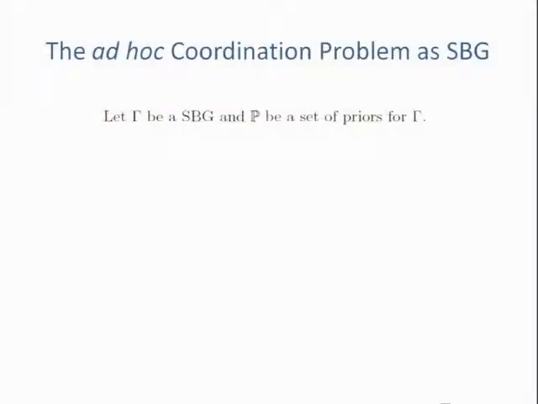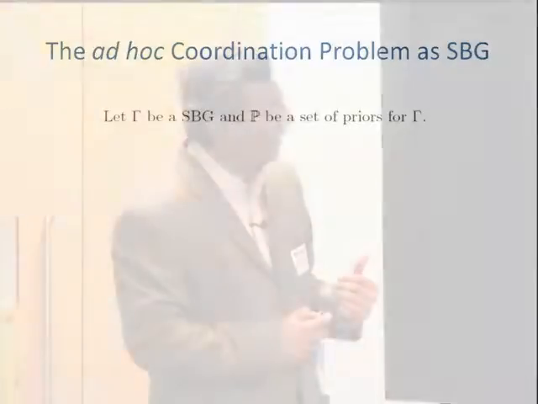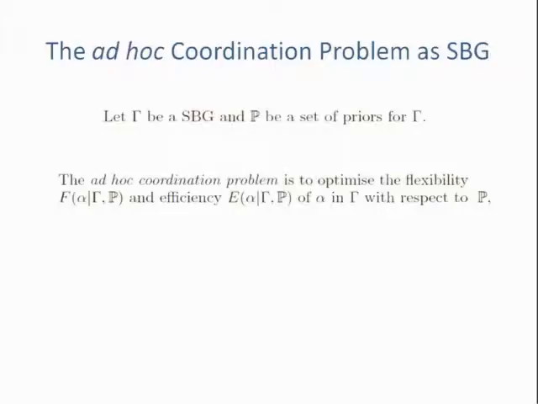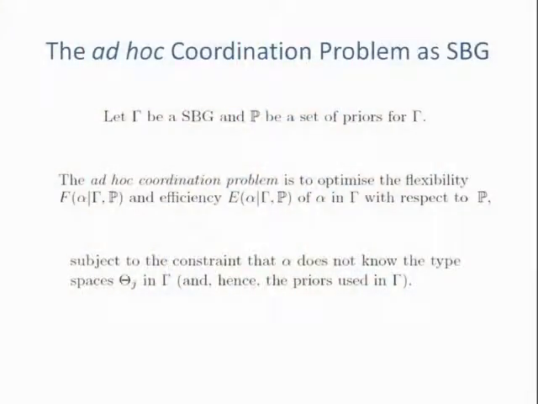So when I say that I want to have an agent that is very good at interacting in an ad hoc sense in a game theoretic setting like this, what I mean is that I'm going to be talking about a whole class of stochastic Bayesian games in which you can assign different priors and different types to these agents. And I want to be able to optimize my flexibility and efficiency in this kind of a game, subject to the constraint that I don't know what the actual realized types are.